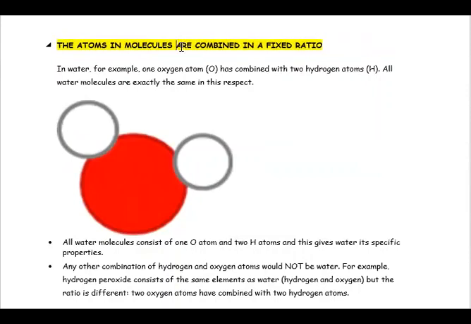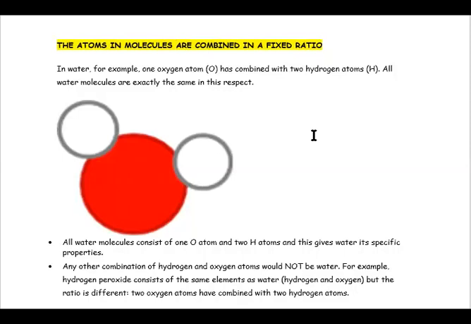The atoms in molecules are combined in a fixed ratio. In water, for example, one oxygen atom is combined with two hydrogen atoms. All water molecules are exactly the same in this respect.